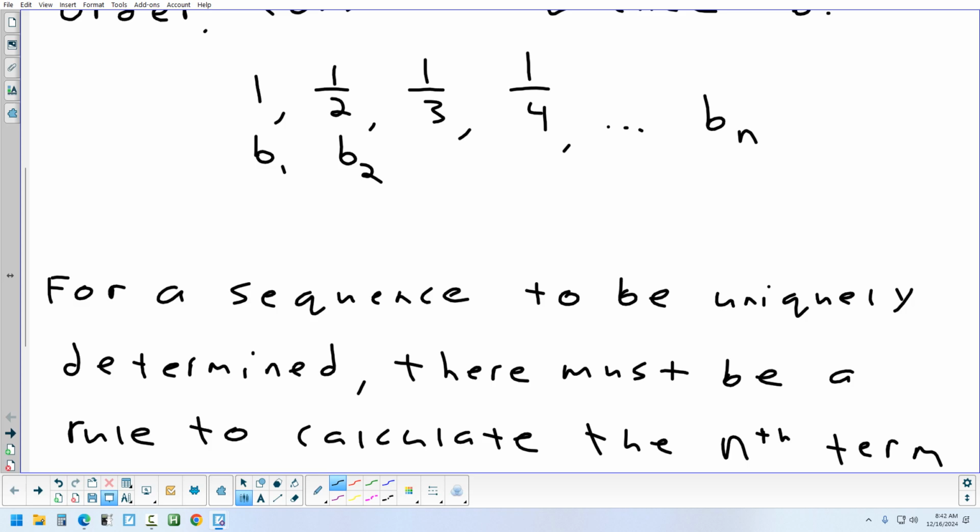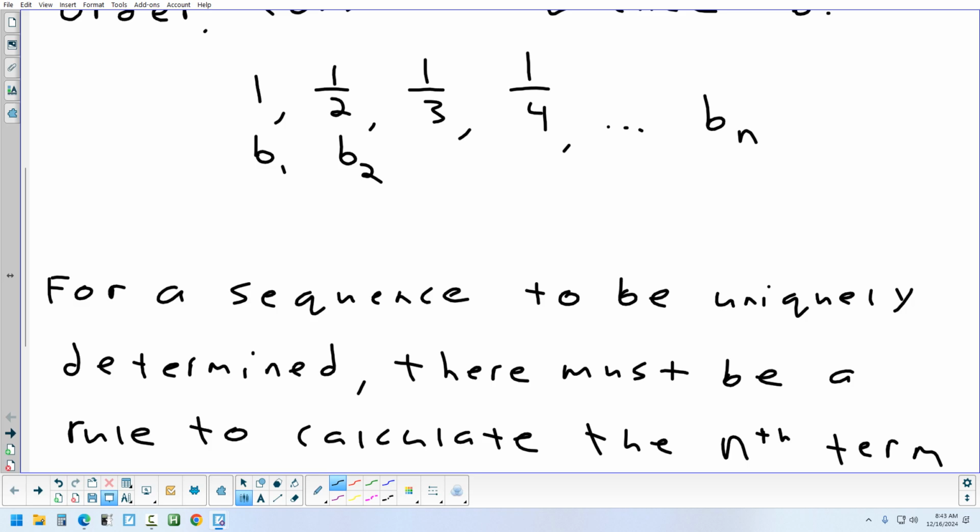The problem with looking before to find something is, let's say you're looking for the 500th term. Even if you can figure out a pattern, to do that pattern hundreds of times to get all the way to the 500th one is going to take a long time. So it would be better if we could figure out a quick way to find the 500th term without having to figure out every single term before it.